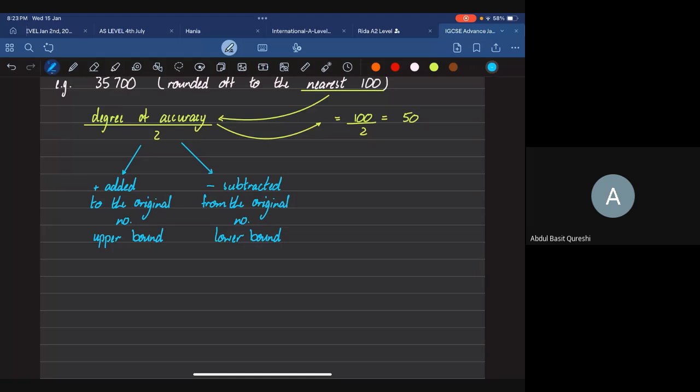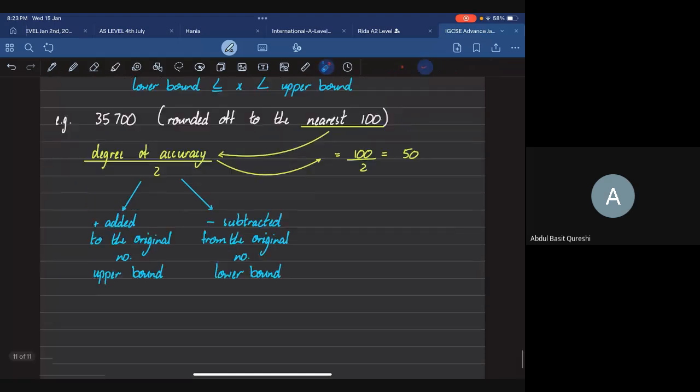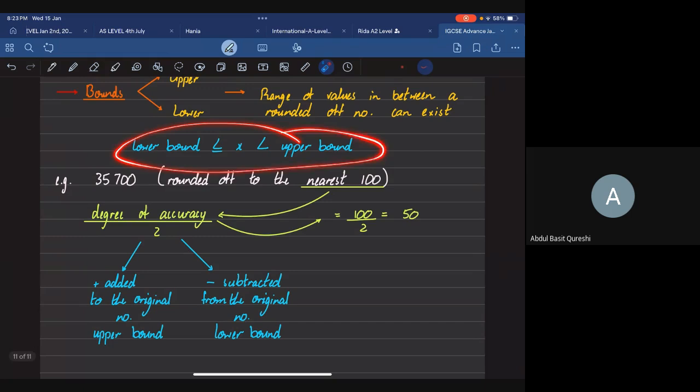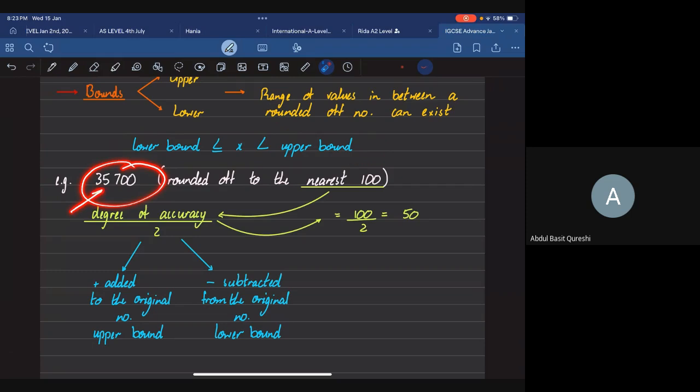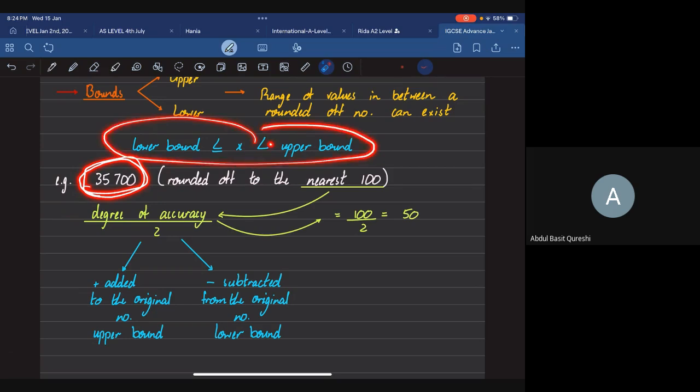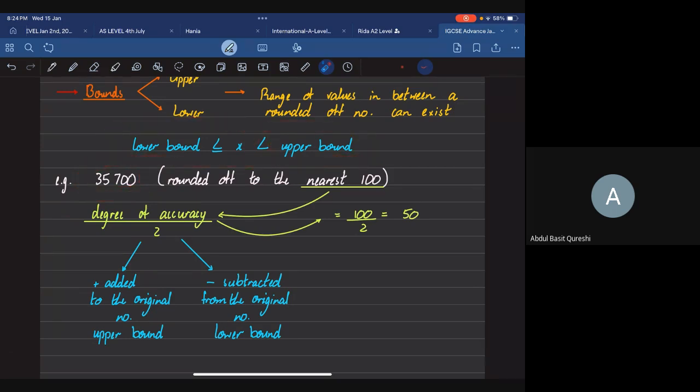Okay, let's see. If I need to calculate the upper bound and lower bound of 35700, what I want to know is the range in which my number before rounding it off could have lied in order to get to this rounded off figure. My original number would have lied between some minimum and maximum value so that it could have been rounded off to this guy.